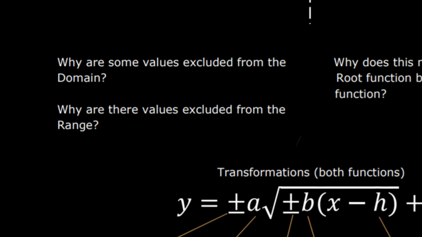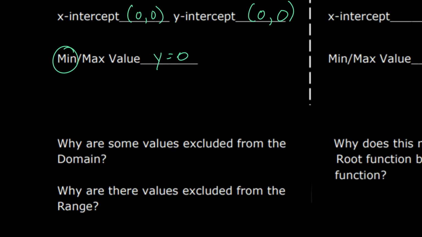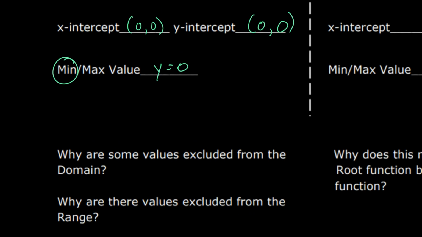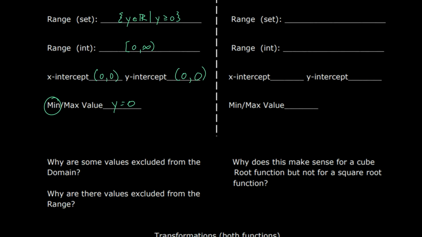And then here, why are some values excluded from the domain? So what values did we not do for the domain? Which ones? A whole set of numbers that we didn't include. Negatives, right? Why did we not include the negatives? If we input negative values for the x's, we will receive imaginary numbers for the y's, which cannot happen.